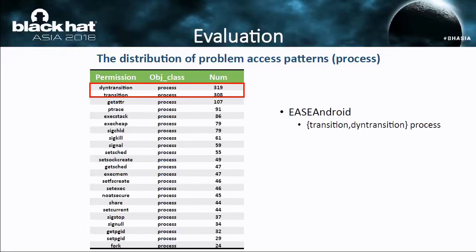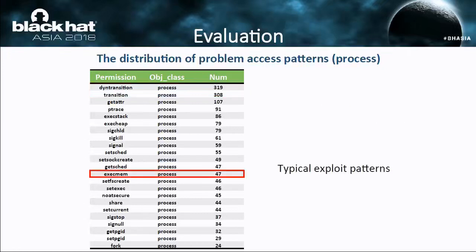They are also ranked number 1 and number 2 in our results. We also extend many other malicious access patterns in our work. There is a very typical exploit pattern, execute mail, and this rule makes it much easier for attackers to complete the privilege escalation.